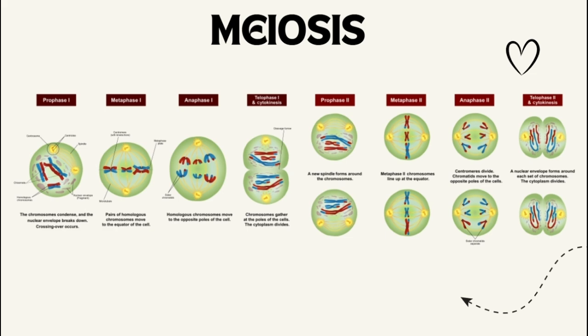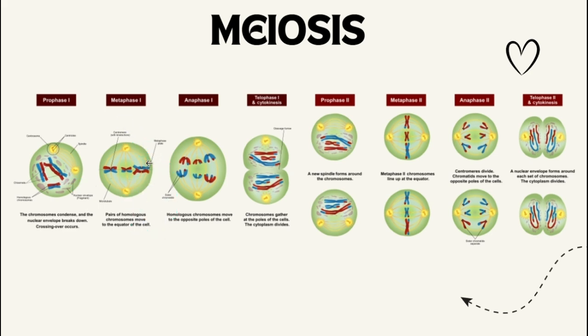Metaphase 1, same thing: they line up at the equator, in the middle, and then we have the centrosome, what I talked about earlier, and the centrioles, right? So in metaphase, the centrosome is going to extend the spindle fibers, and chromosomes are going to line up at the equator. Now there's something very important here.